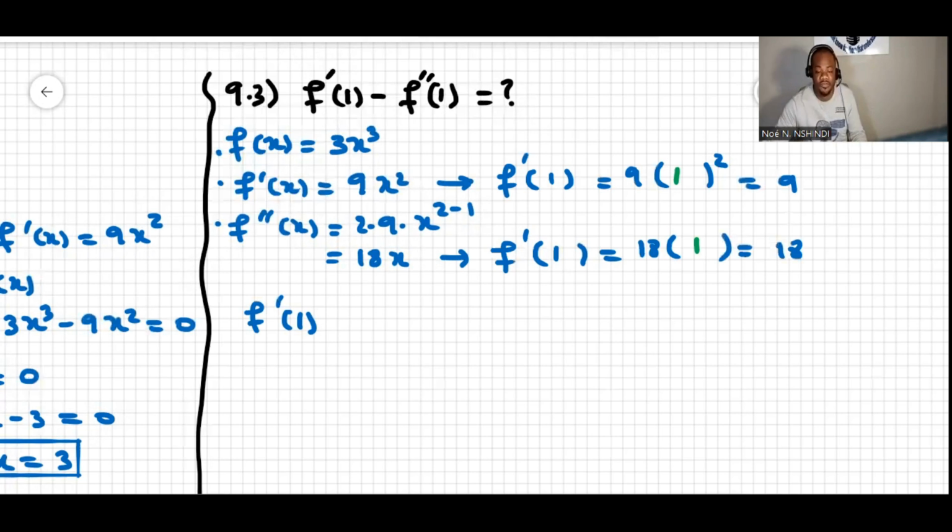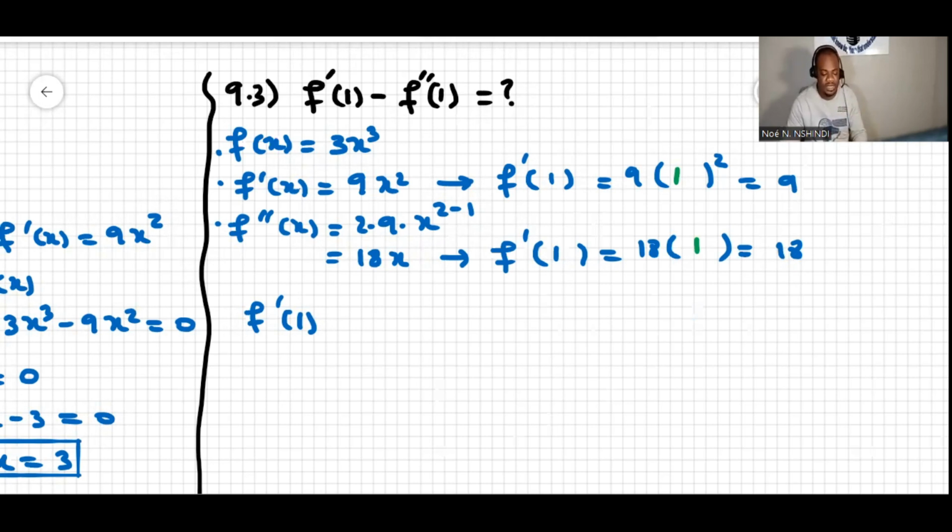So the difference here will be, the distance we must consider the absolute value. It means we don't take the negative sign. I prefer to take the highest minus the smallest, so in this case f prime of 1 minus f second, but reversing the order doesn't change anything.